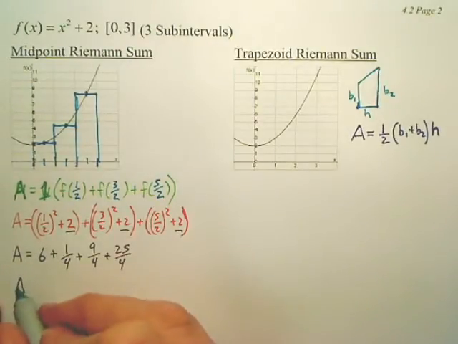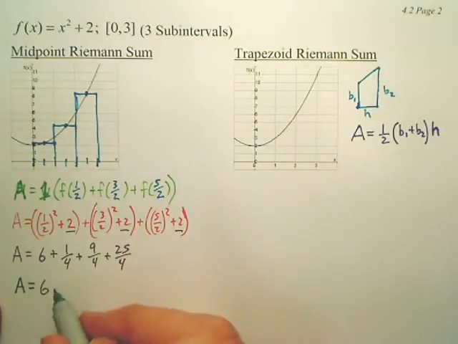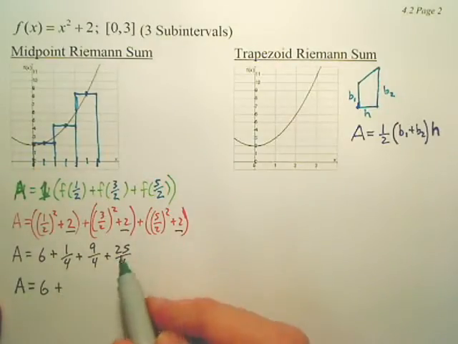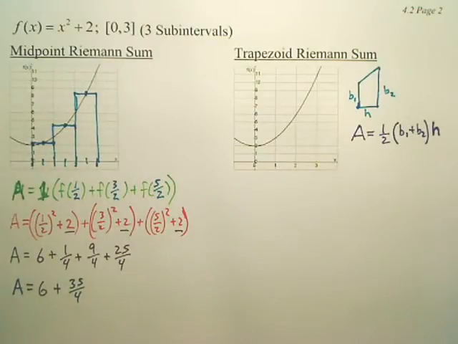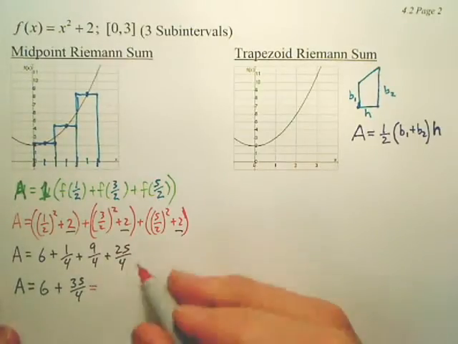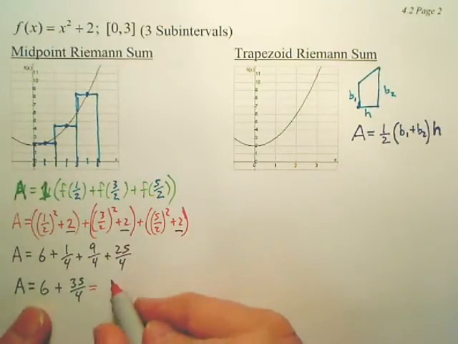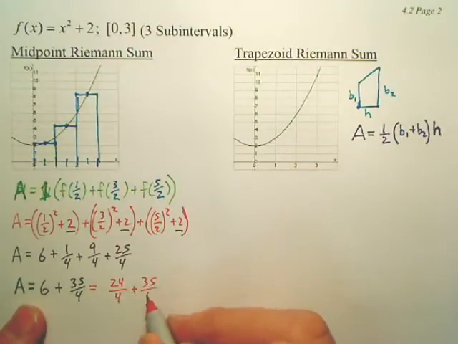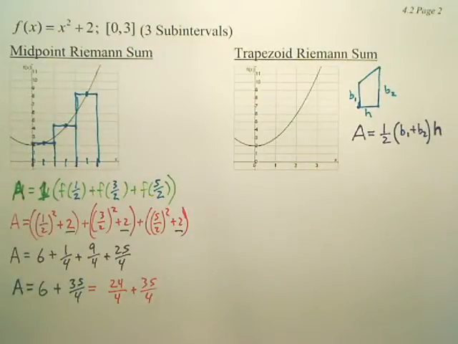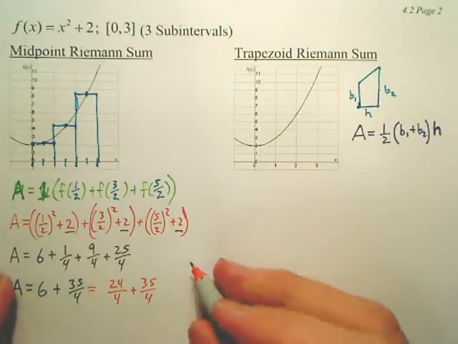So my area is 6 plus 35/4. And what are we going to change 6 to make it a 4th? We'll multiply by 4, so won't that be 24/4 plus 35/4. So it looks like we have 59/4.